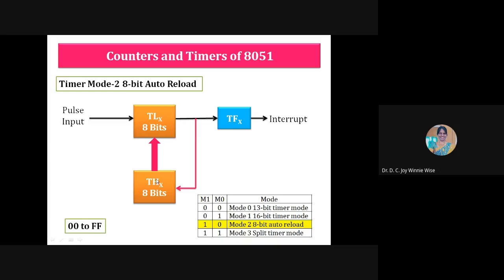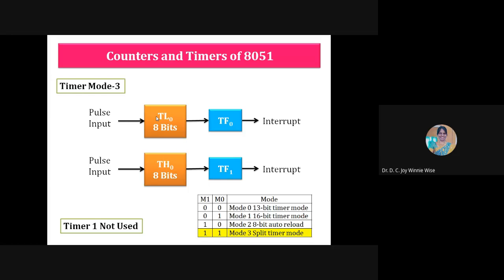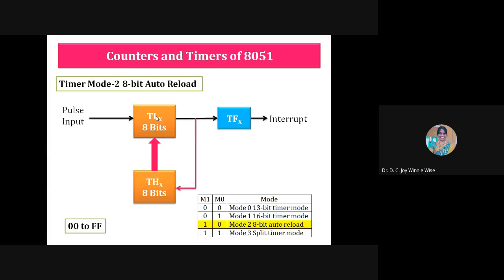When you start counting, the data 10 will be transferred to TL, and when it receives a clock pulse, it starts decrementing: 10, 9, 8, down to 0.